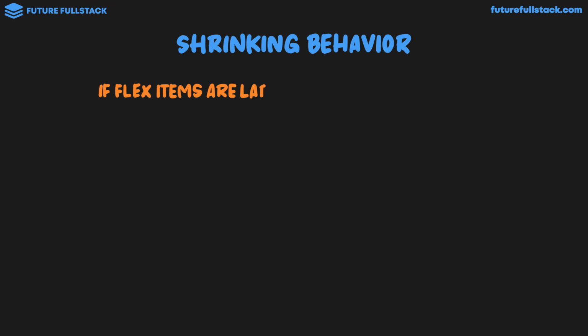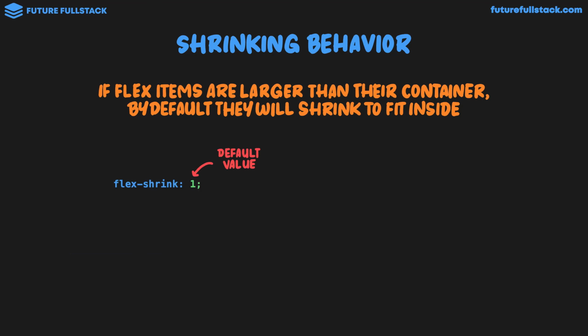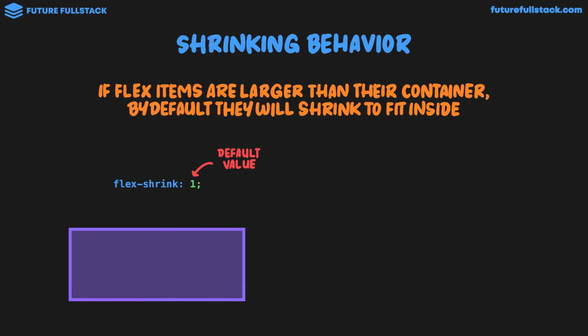If flex items are larger than their container, by default, they will shrink to fit inside. We saw this in the previous chapter, where we have a flex-shrink value of 1, which is the default value. What this results in is inside our flex container, which let's say is 1000 pixels, our flex items will shrink to fit inside this container. So let's say these flex items are 300 pixels wide.